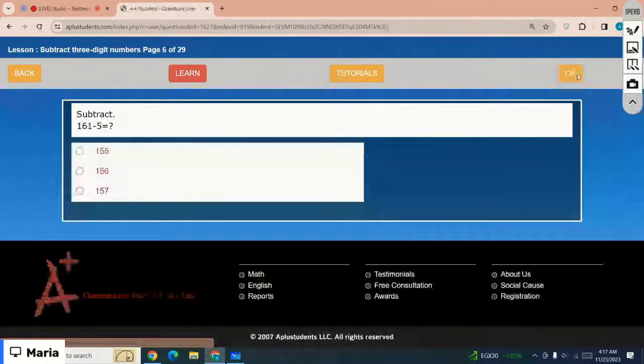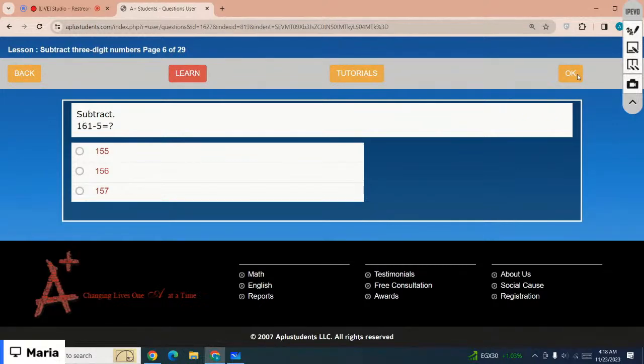Okay, the next one is 161 minus 5. So, which is the correct option? 161 minus 5 equals.